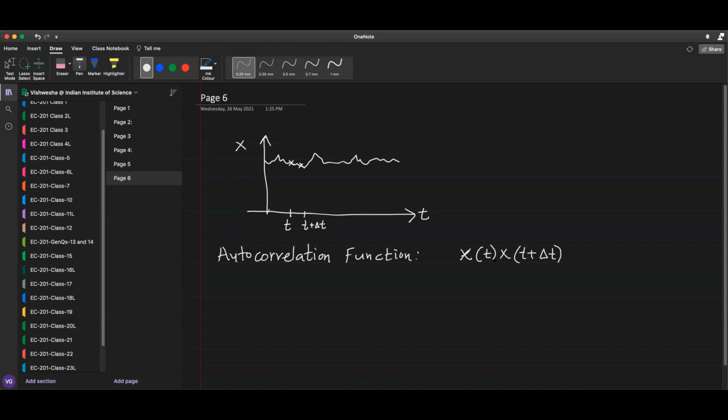So I consider the value of x at time t, and the value of x at time t plus delta t, and I look at the correlation between these two values. The more similar they are, the closer this number will be to 1.